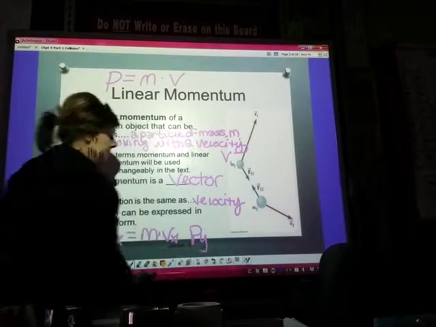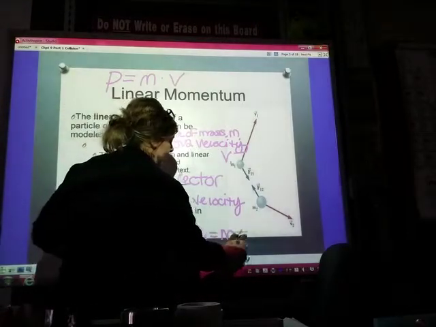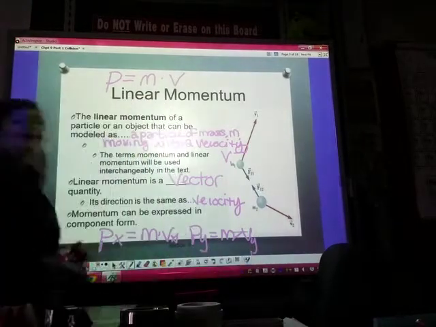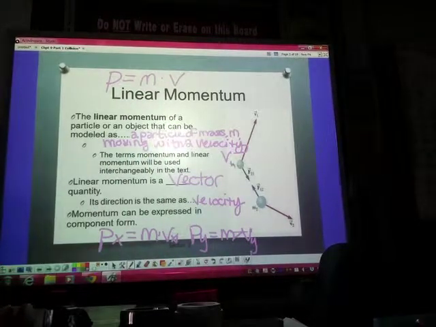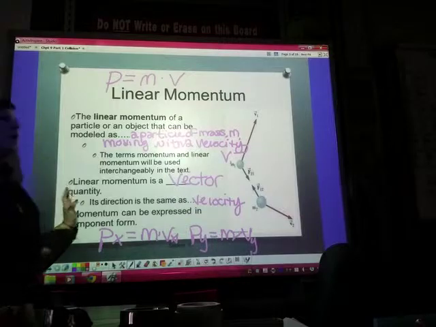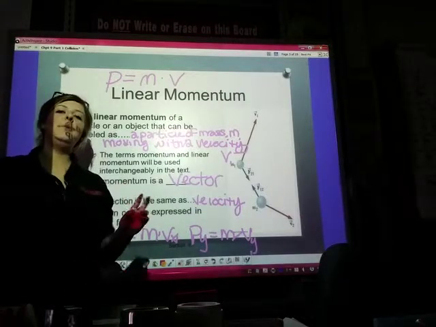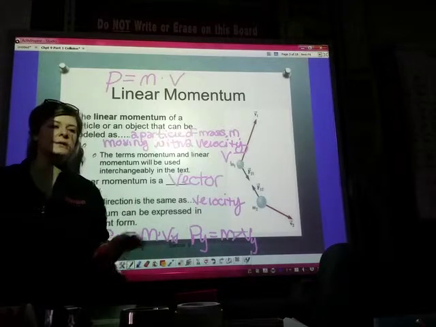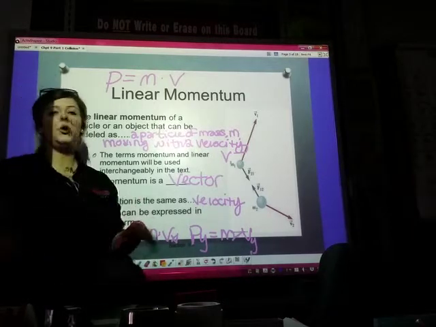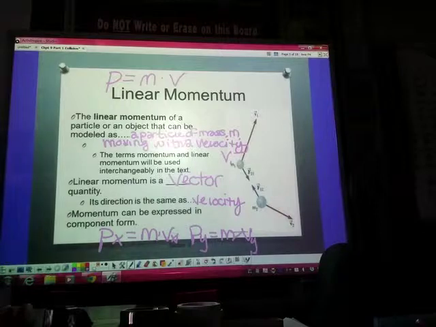So the linear momentum in the y direction is equal to mass times the velocity in the y. I could do that same thing for the z direction. We'll get to the point probably either Wednesday or Thursday where we'll be doing collision problems but in 2 dimensions. And those aren't difficult, it just takes a lot of time because there's a lot of different directions that you have to account for.